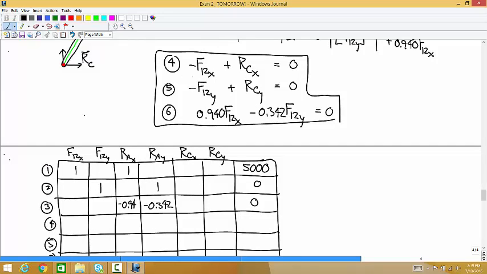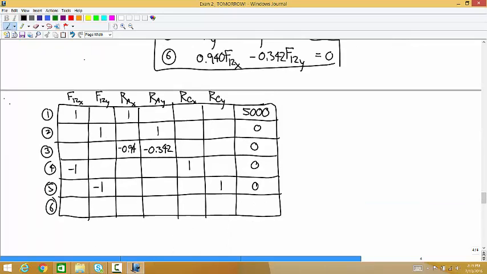Then equation 4, F12x we have negative 1, RCX we have 1, constant is 0. Equation 5, F12y we have negative 1, RCY we have 1, constant is 0. Equation 6, F12x we have 0.94, F12y we have negative 0.342, and the constant is 0. Can someone reduce row echelon form that?